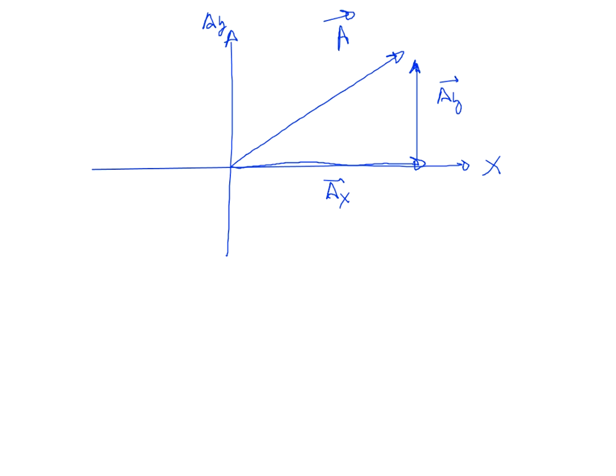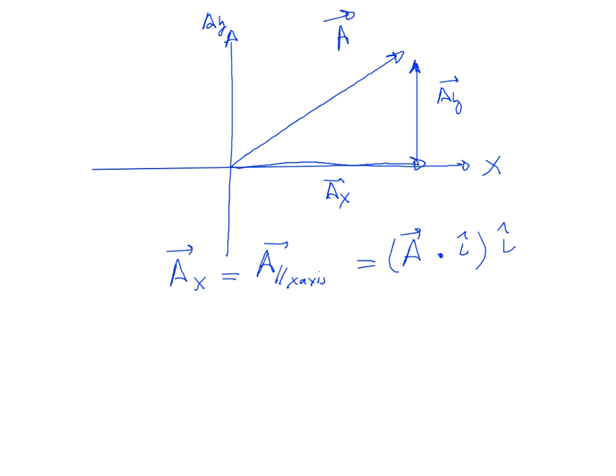Instead of going through angles, sine and cosine, AX, which is what I will call the component of A parallel to the x-axis, is going to be vector A dot I times I.